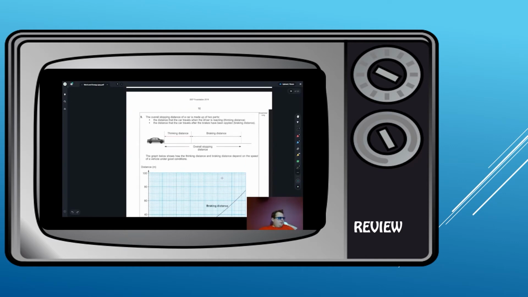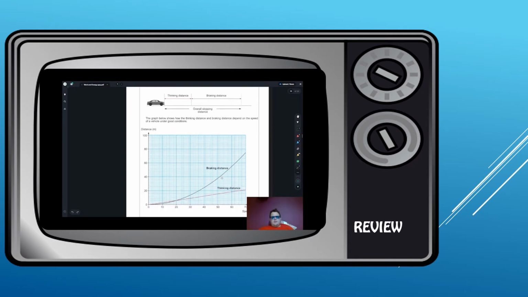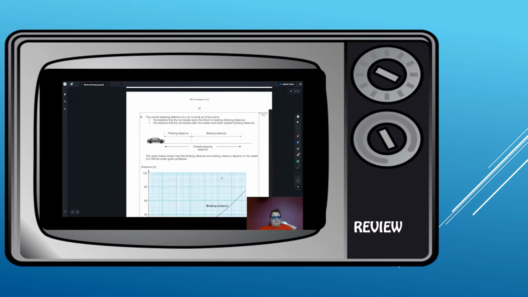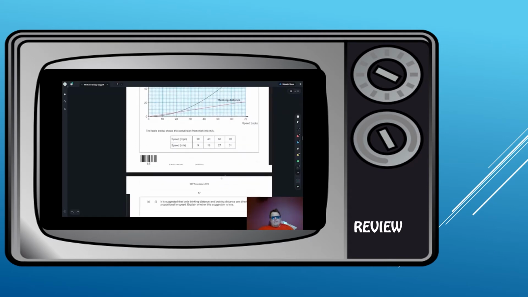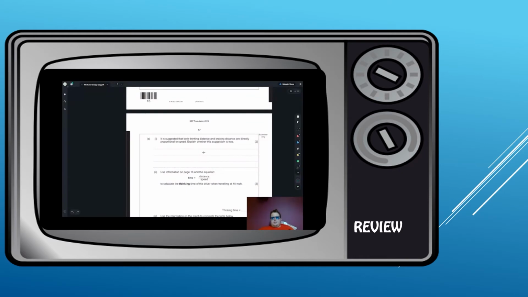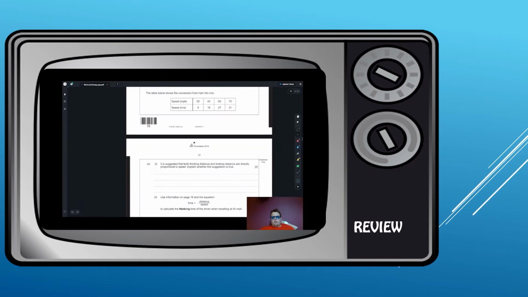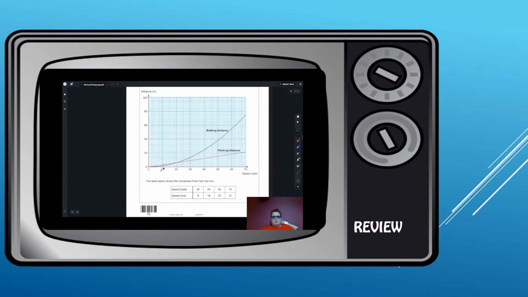Okay, now we've got a stopping distance question. Suggested that thinking distance and braking distance are directly proportional to speed. Explain whether this suggestion is true or not. So directly proportional means a straight line through the origin.